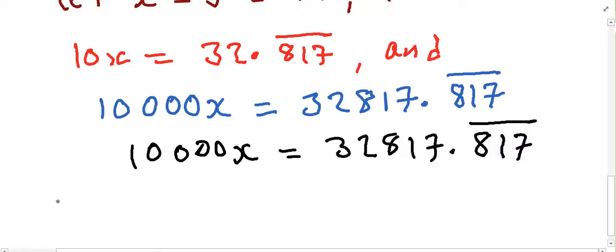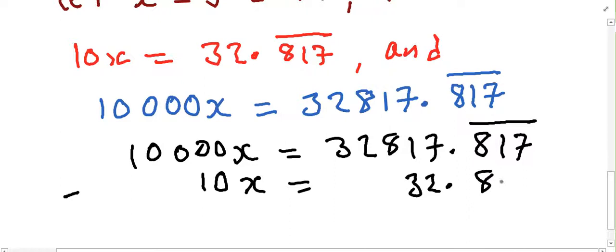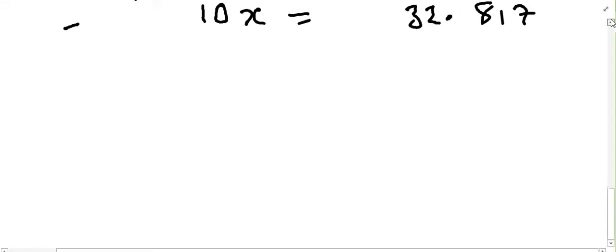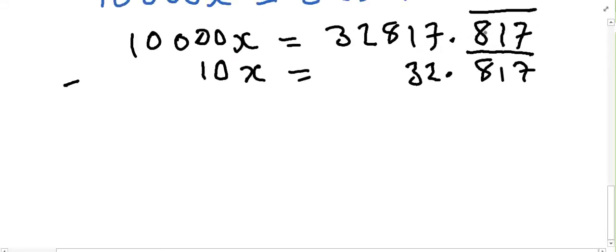Like I have said, you subtract, guys. So you're going to subtract 10x, which is equal to 32.817 bar. The question is, why are we subtracting? We are subtracting to get rid of the repetition.